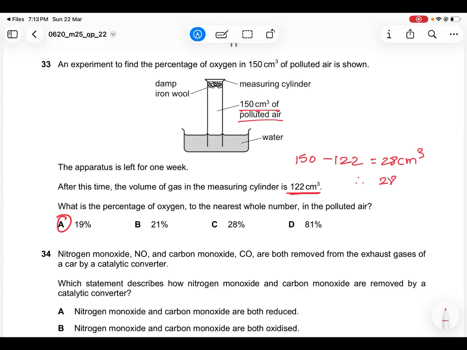Therefore 28 upon total volume that we had, which is 150, into 100, which gives me 18.6 percentage, and the nearest value to that is 19 percentage.